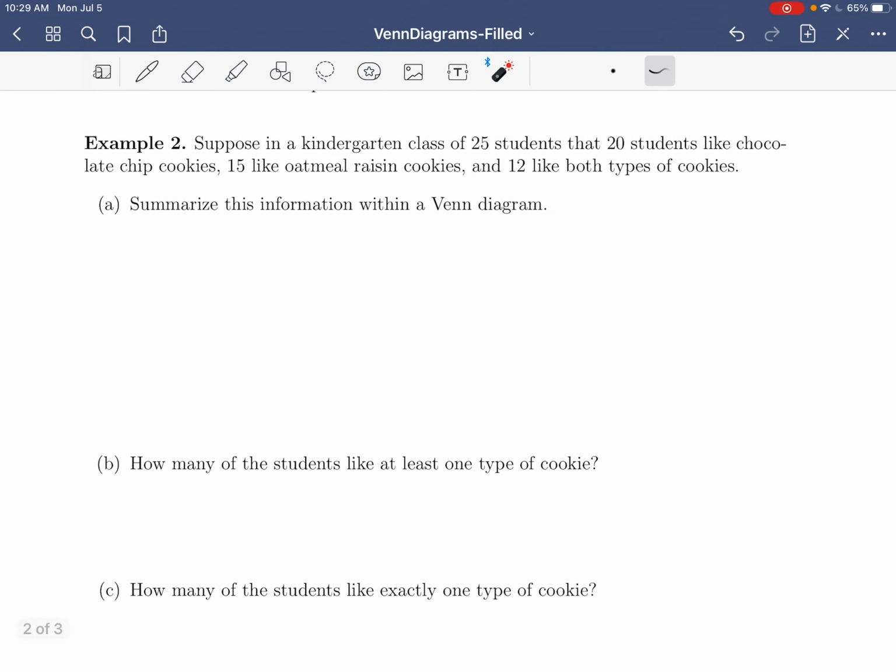Suppose we have a kindergarten class of 25 students, and we know that 20 students like chocolate chip cookies, 15 students like oatmeal raisin, and 12 like both. Okay, so I'm going to define some notation first. My universal set is the set of kids in the class.